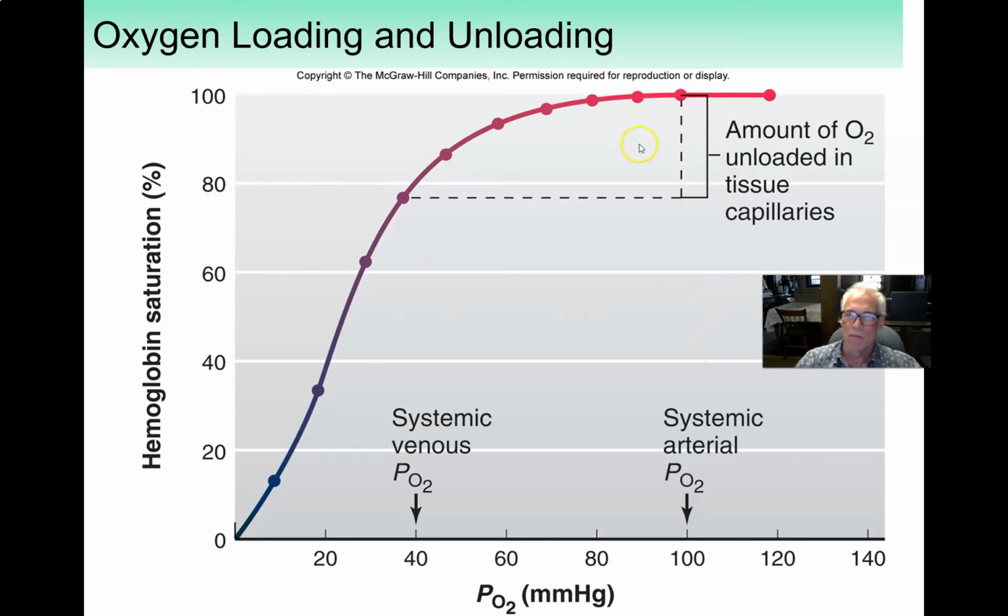Let's say we climbed up a relatively high mountain, and the oxygen level in the atmosphere started to go down, and we dropped down to only 80 millimeters of mercury partial pressure in the alveoli and in the arterial blood. Take a look at the saturation now. 99%, 98% saturated.